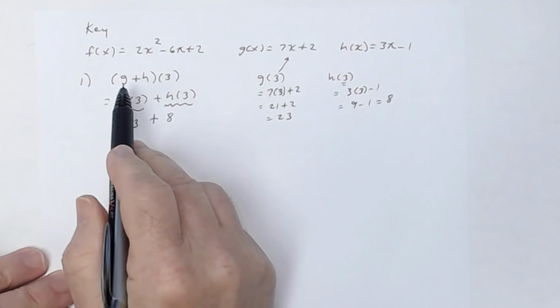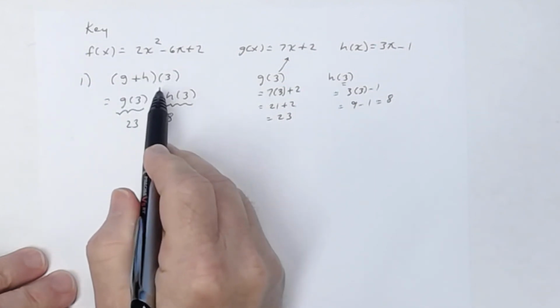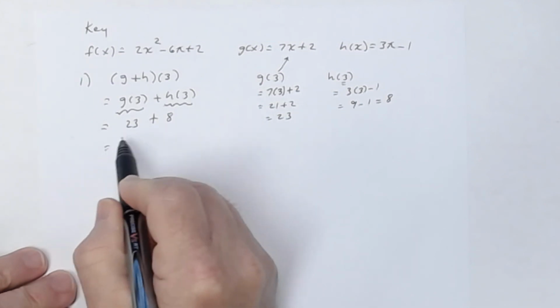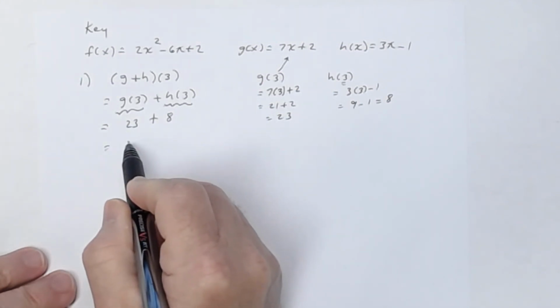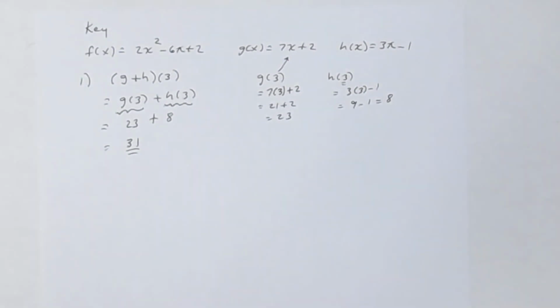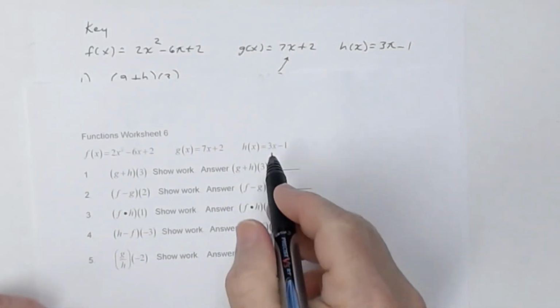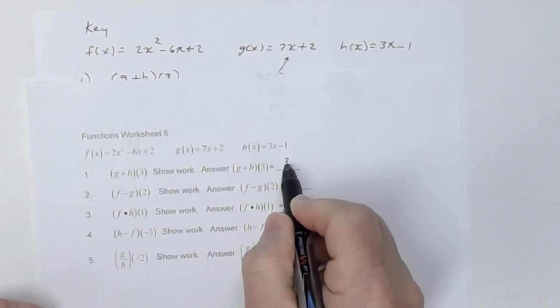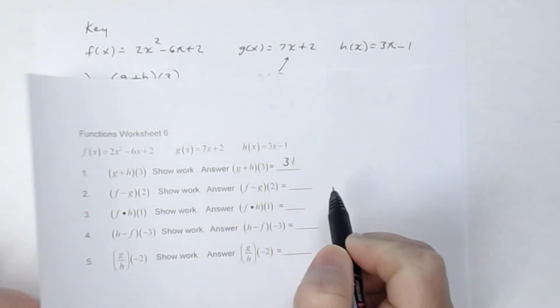Therefore, g plus h evaluated at 3 is going to equal 23 plus 8, which is 31. So that is your answer. You're going to say in this blank right here, g plus h evaluated at 3 is 31.